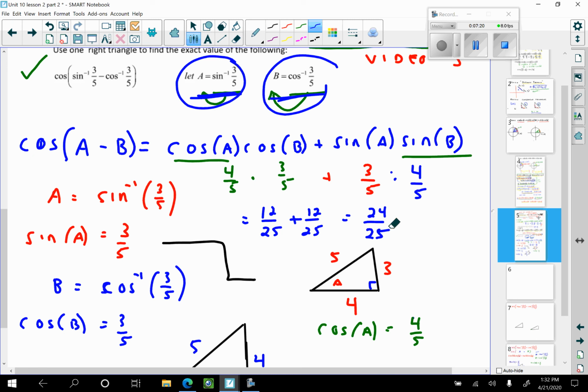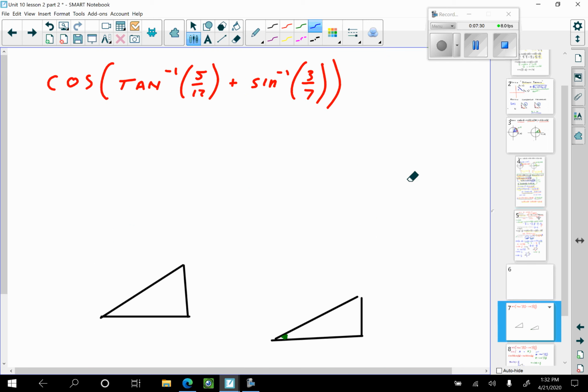Okay? Let's do a bit of a more advanced type of problem using the same method. And here we go. So again, I have the cosine of inverse tangent of 5/12 and the inverse sine of 3/7.